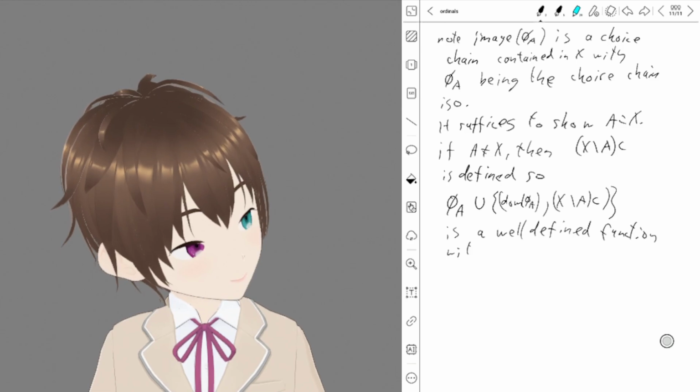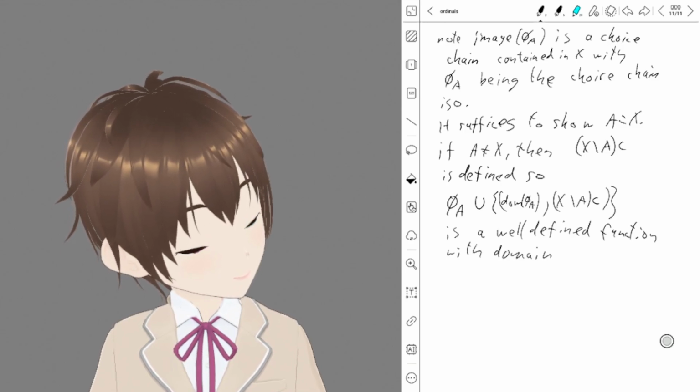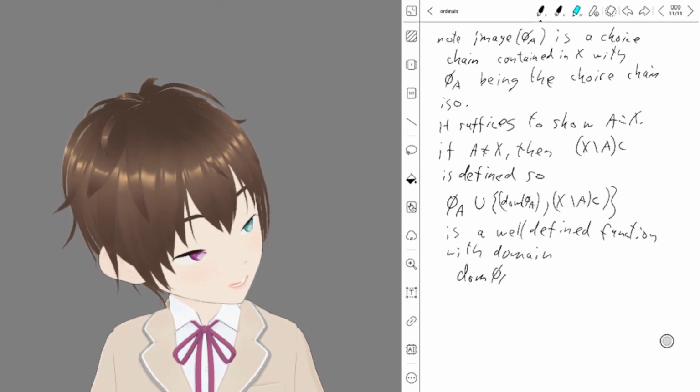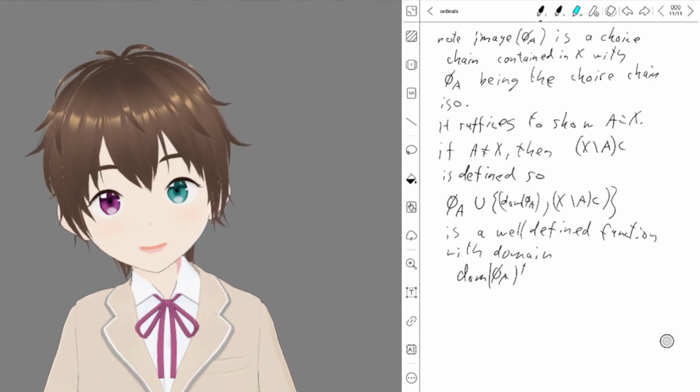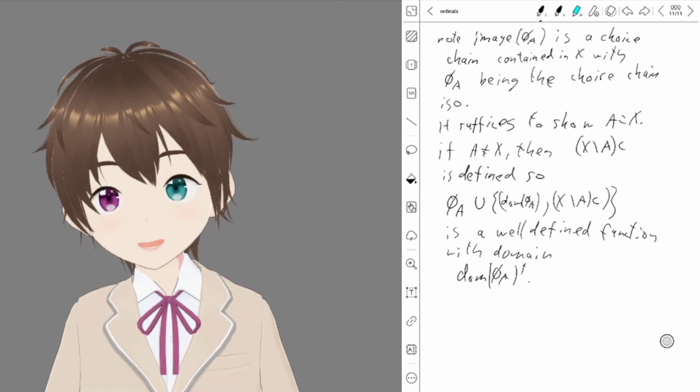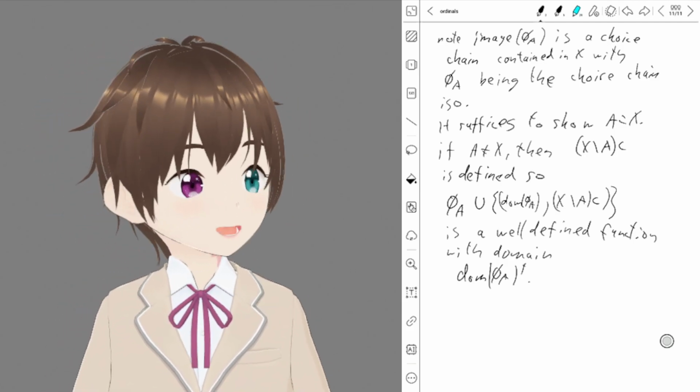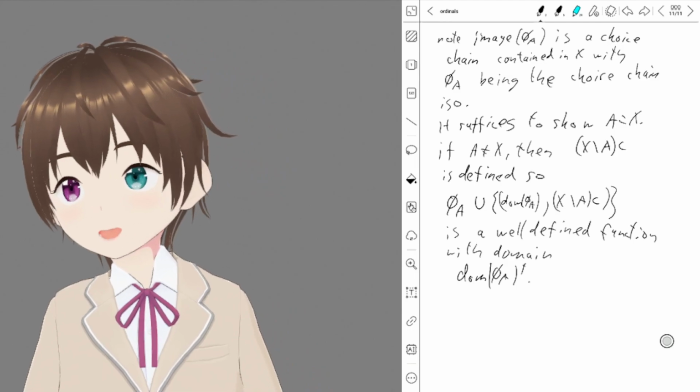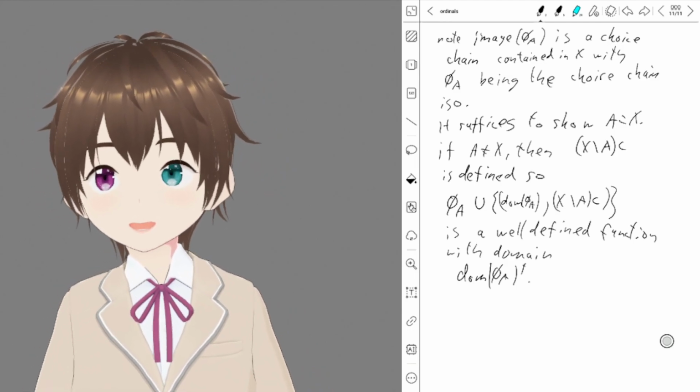With domain dom phi A plus the successor ordinal of dom phi A, and it's a choice chain isomorphism because it has all the properties we require. I defined it to map the last point to where it's supposed to go, and it already mapped all the previous points to where they're supposed to go.